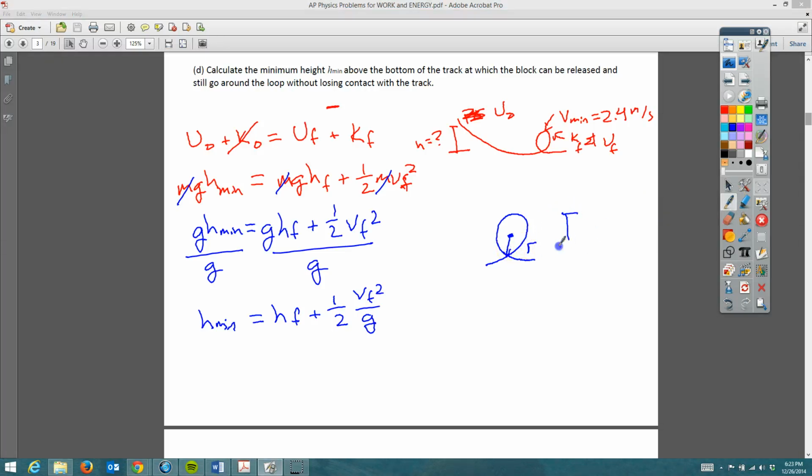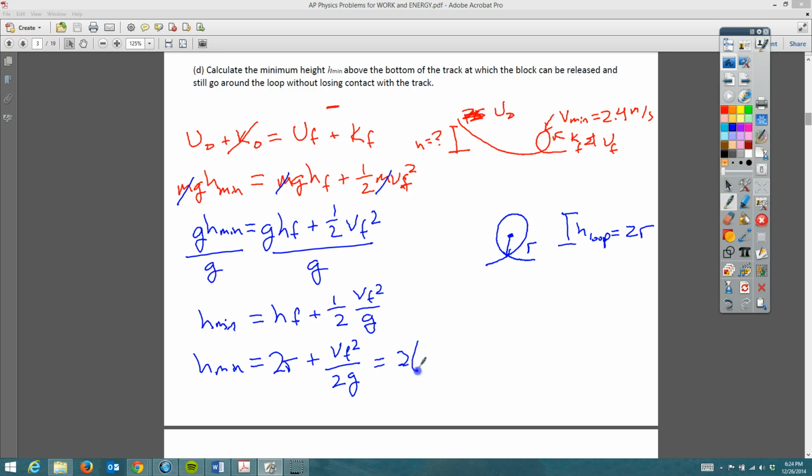So the entire height of the loop is equal to 2 times r, and that's our final height. Let's plug this in. The minimum height is equal to 2 times the radius of the loop, plus vf squared all over 2g. Let's plug everything in now.